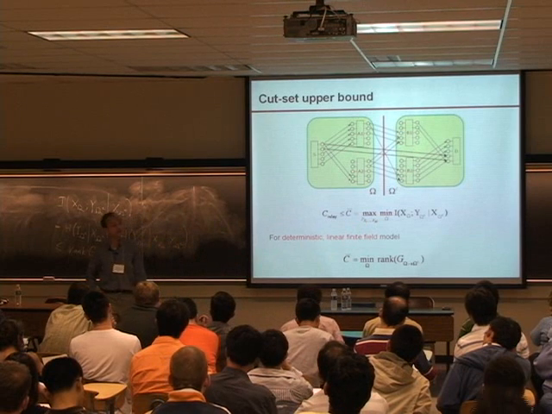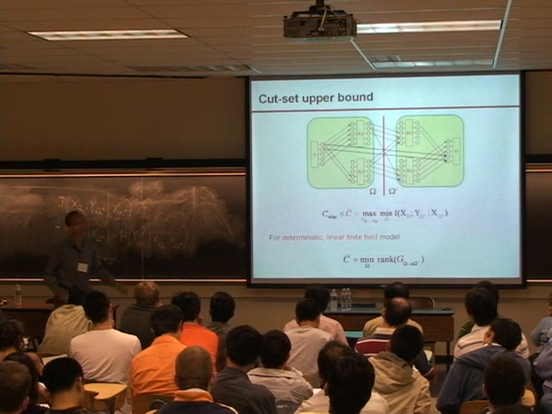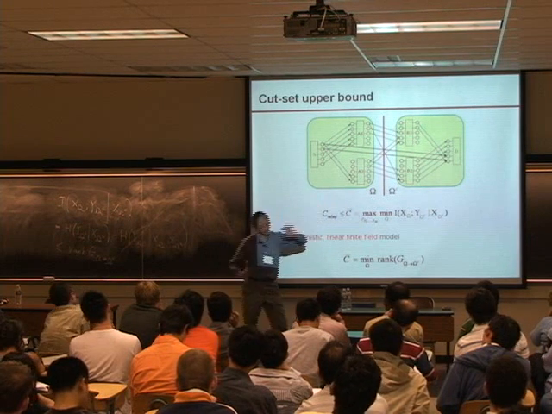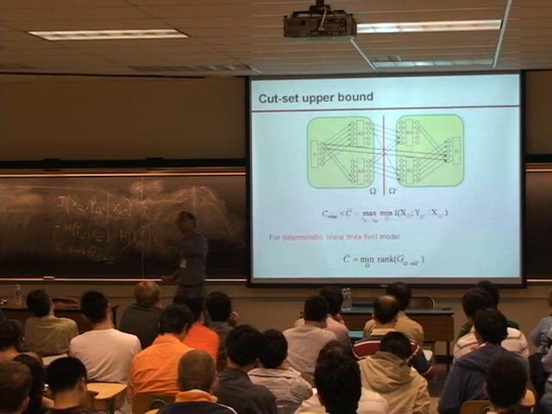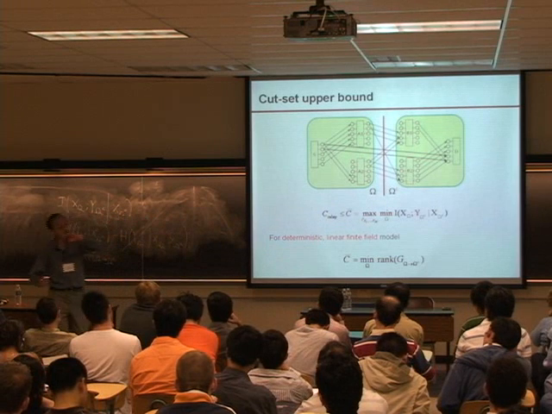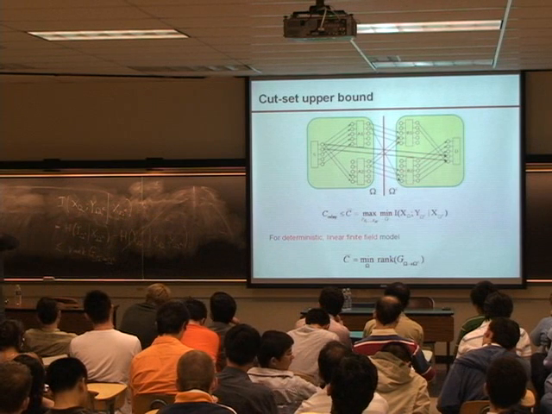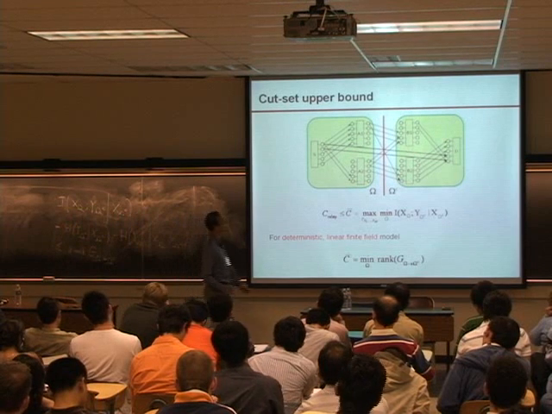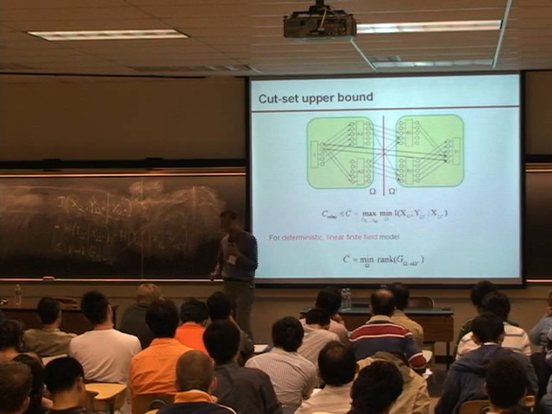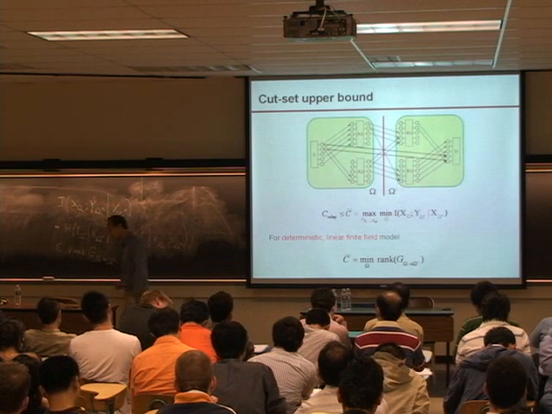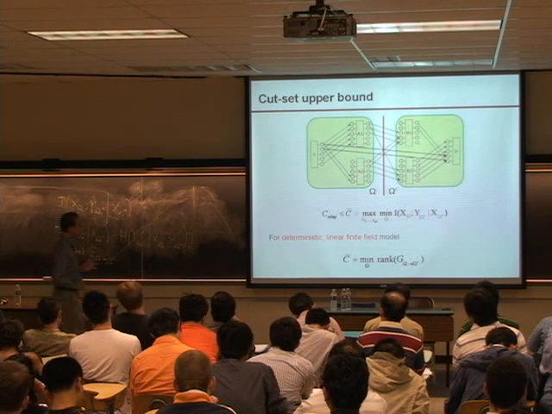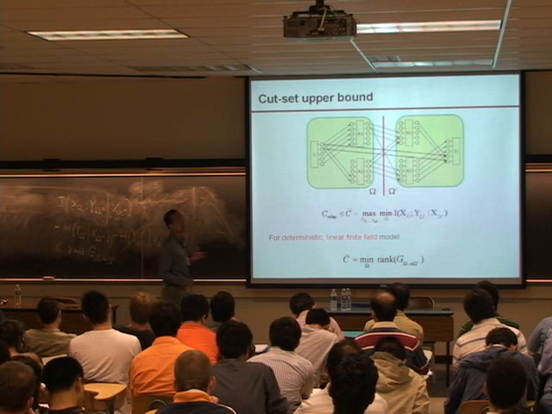And that input distribution is uniform. If the input is uniform, then the output is also uniform in the range space. Not uniform over all possible outputs, of course, but uniform over the range space of G. Okay? And that's the beauty of the finite field model, which is in some sense a special case of a class of channels called symmetric channels.